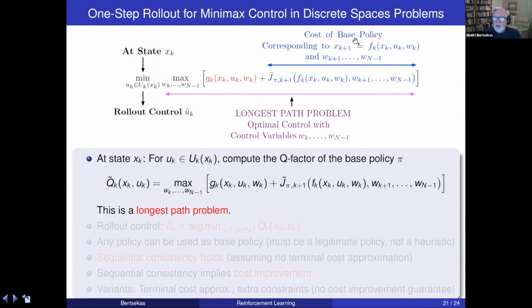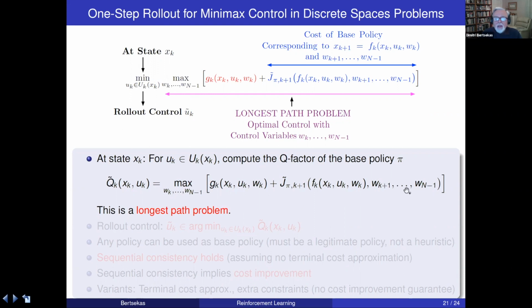The base policy is just a sequence of functions of the current state. And it involves also the W's that are going to occur between k and the end. So all of this expression here can be viewed as what the maximizer optimizes over, and it may be viewed as a Q factor of control u_k.